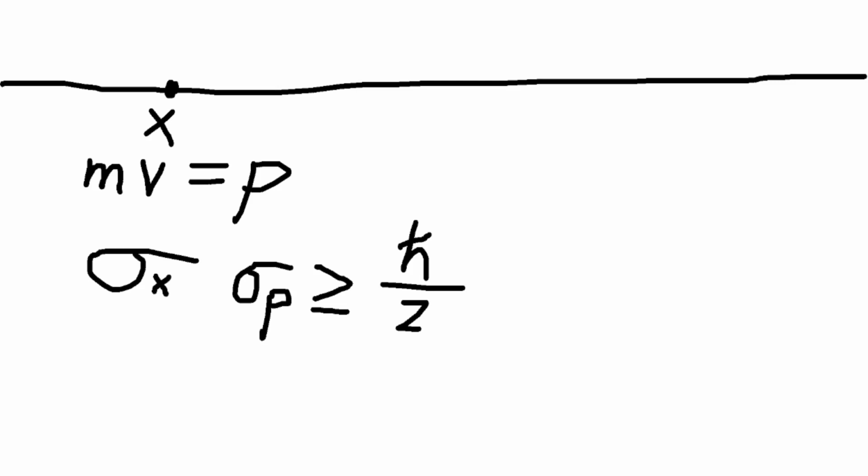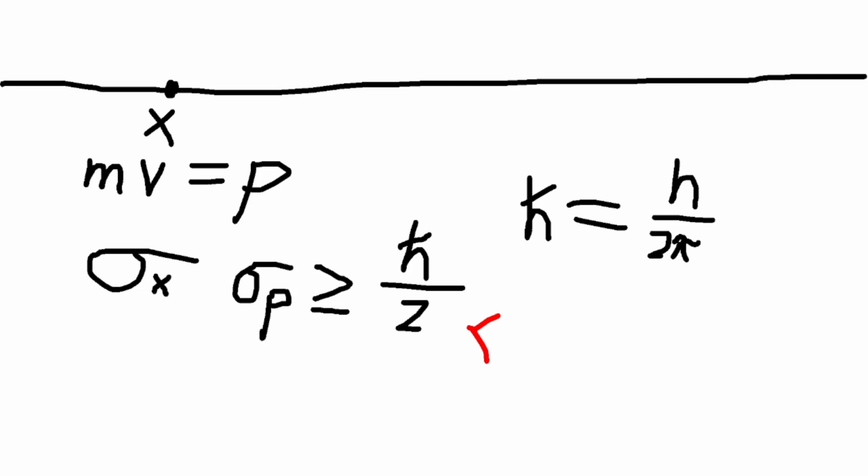H bar is called the reduced Planck's constant. If you've heard of Planck's constant, H bar is equal to Planck's constant, the letter h, divided by 2 pi. Really, all that you need to know on the right side is that this is a constant value, that nothing in the system affects it, nothing we do in the universe affects it.